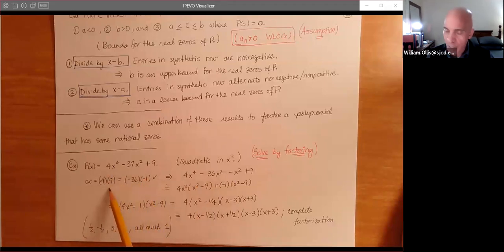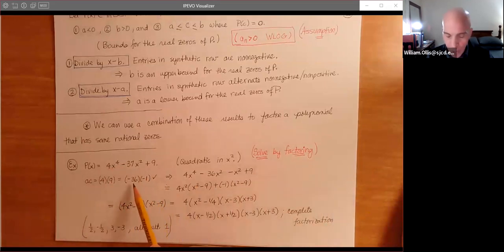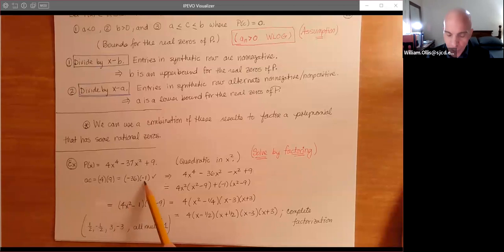Let's try Professor Ron's AC lemma. Well, AC will give us a 4 times a 9. We kind of go to the extremes now because we need a -37. So we're thinking, okay, let's just write 36 as -36 times -1. That's kind of a cheap way to write 36, but it gives us a sum that's -37. So we can go back to the original equation and rewrite the middle term.